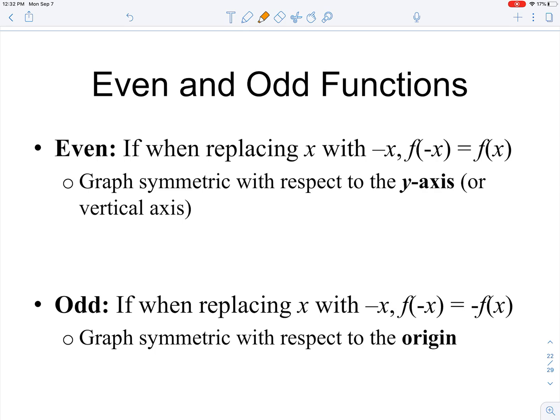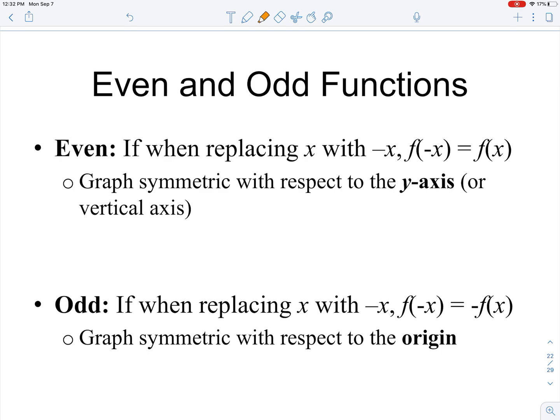So, to determine whether a function is even or odd, or neither, a function can be neither even nor odd, you're going to replace x, or evaluate the function, at negative x.